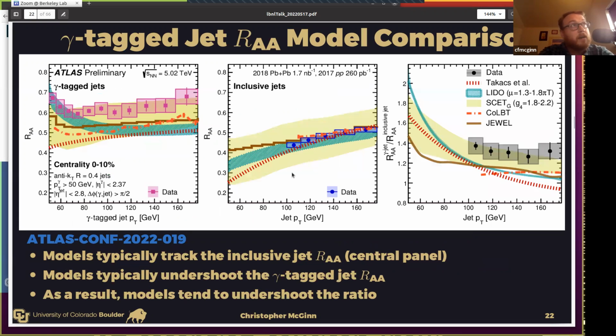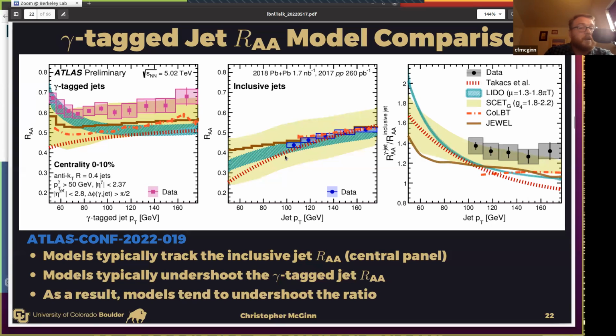So we can compare our gamma tagged RAA and then the ratio between the gamma tagged RAA and inclusive jets to different models. There's a whole host of models here. I'm not going to go into the details too much between the models because there's a global story that's maybe more useful to talk about right now. So the left-most plot, this is the RAA of the gamma tag jets.